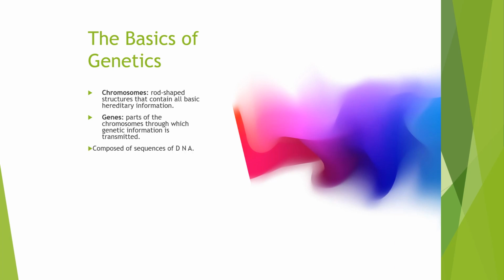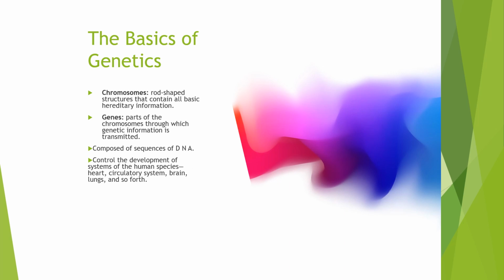These are composed of a sequence of DNA. DNA controls the development of systems of the human species. So it controls the development of the heart, the circulatory system, the brain, the lungs, and so forth. We'll talk about this physiological development in just a bit.